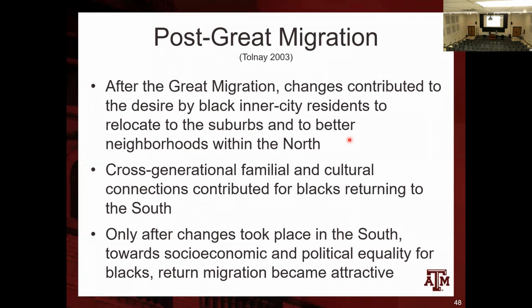Cross-generation familial and cultural connections contributed to Blacks returning to the South. I mentioned to you, for every stream of migration, there is a counter stream of migration. Exactly because of the Great Migration, a lot of African Americans going from South to North, there is also the opposite trend in more recent years, African Americans going from the North to the South.